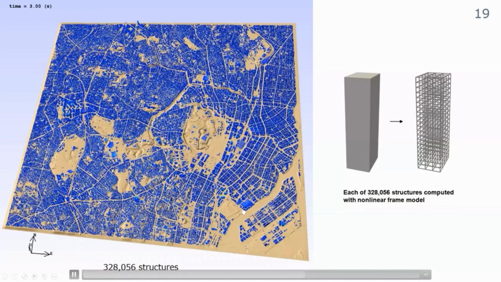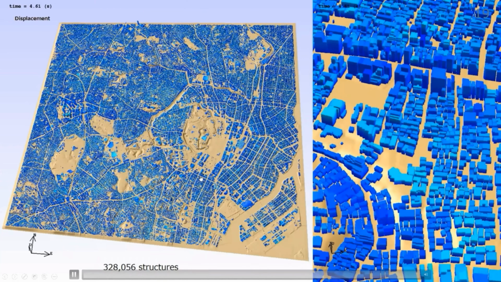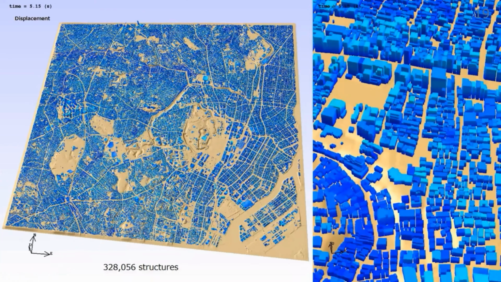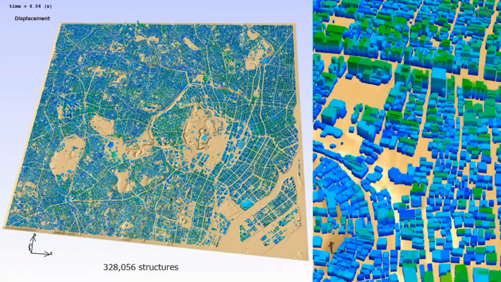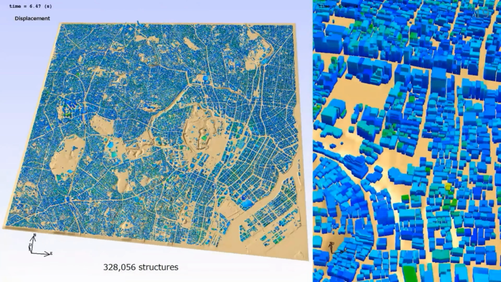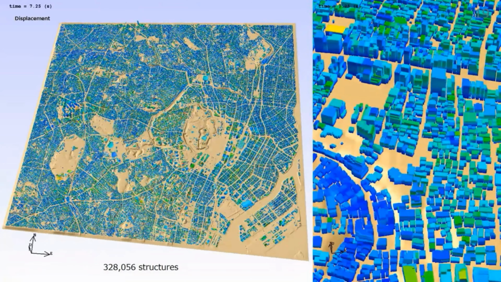So using this strong ground motion, we compute the response of the city. Here you see there are a lot of structures, so we simulate the response of each building one by one. There you see the response of the city. It's very complicated.